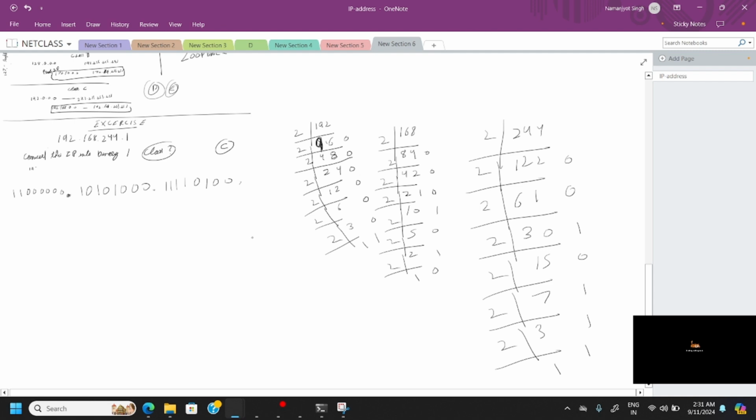And 1 is represented as 0 0 0 0 0 0 0 1.